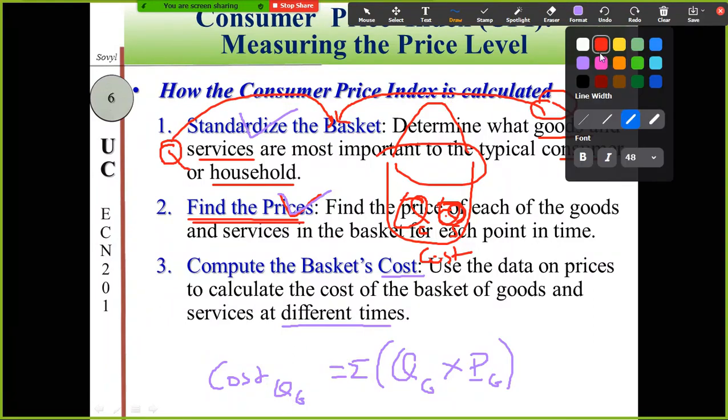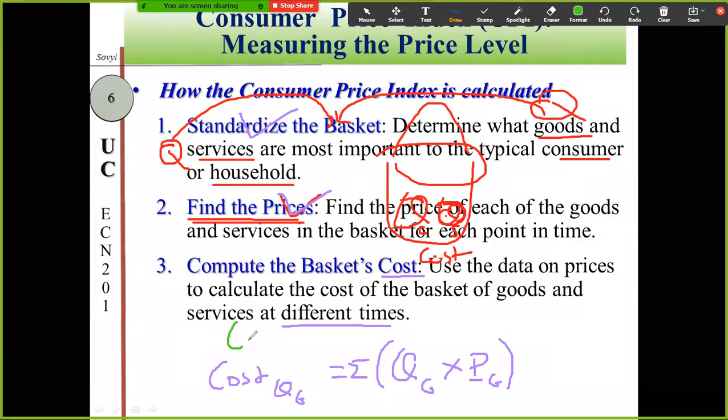How about the cost of service? The cost of service, same thing. You need to know the quantity of service that you buy and the price of service that you pay, and you can find the cost of one service. If you buy many services in your basket, you need to add them together.